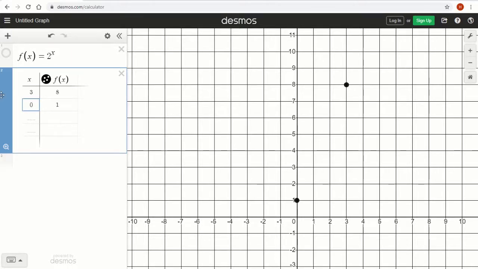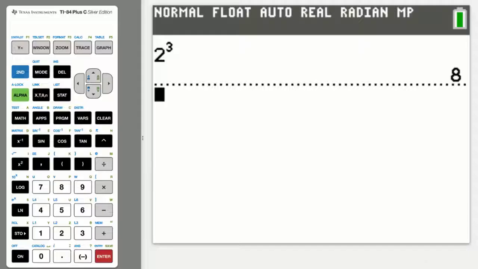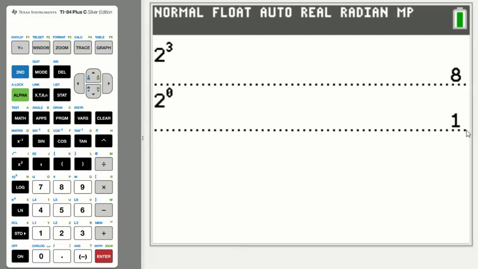And there we go. The table immediately gave us y equals 1 when x equals 0. That means 2 to the 0 power equals 1. Or we can quickly see this on the calculator: our function is base 2, now we raise to power 0, and that gives us 1.